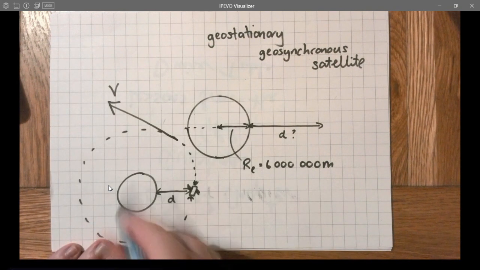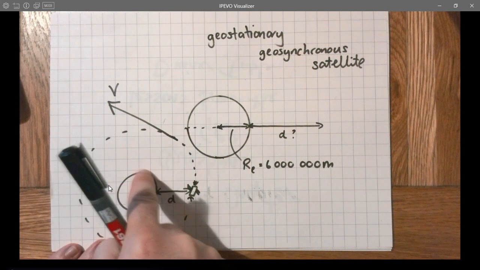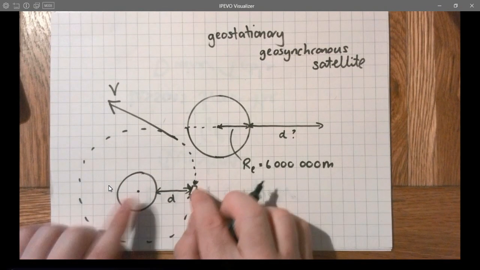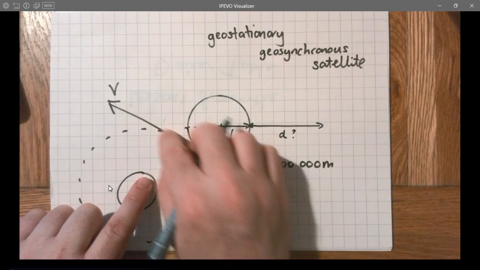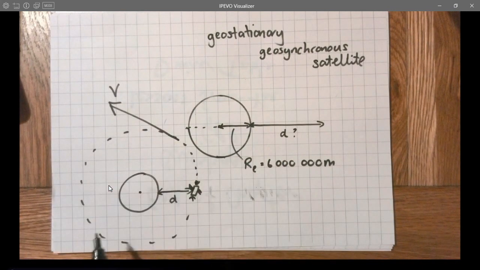This is the North Pole; remember, we're looking down on the North Pole. The Earth is spinning this way, and as the Earth spins, so too does the satellite move with the spin of the Earth, so it appears to be above the same position.